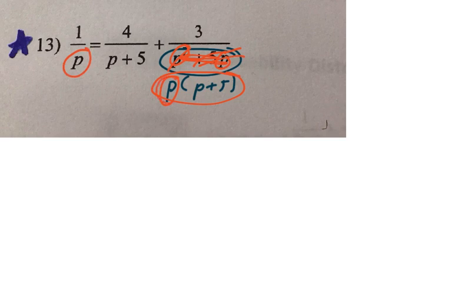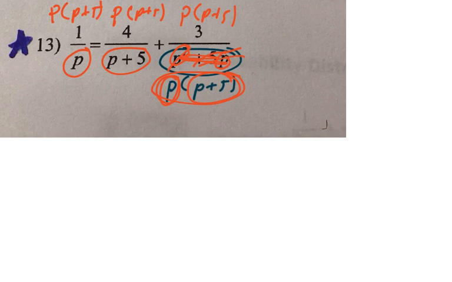This has a p, this has a p, so I know I'm going to do a p. This and this both have p plus 5s, so I'm going to do p plus 5s. So again, what's the common denominator? It's literally all the individual factored pieces of the denominator put together.